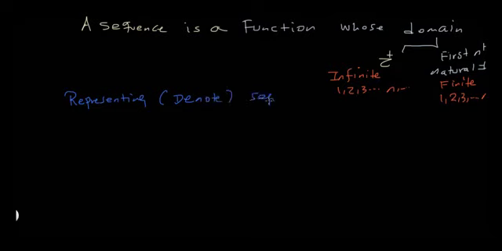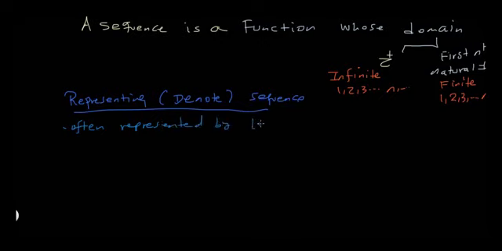A sequence is often represented by letters, usually small letters with subscript, in the form of, let's use different ones, like a_n.